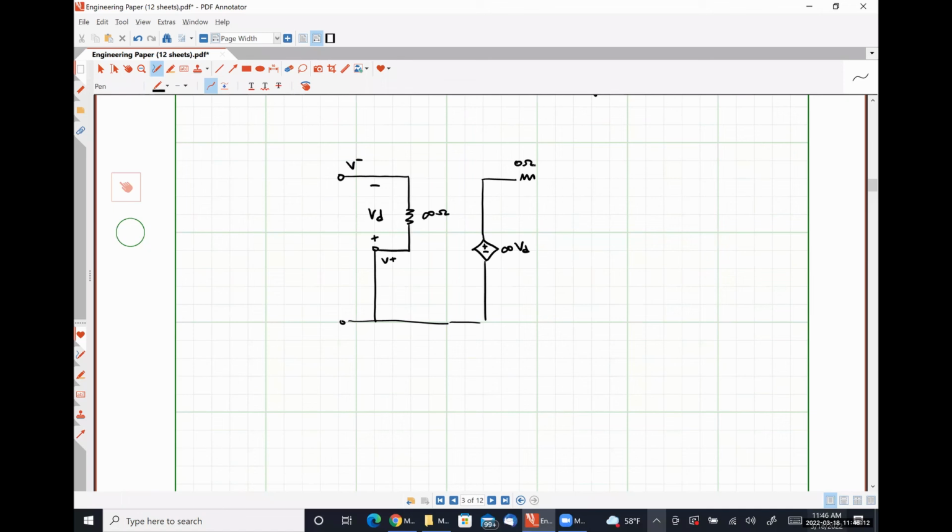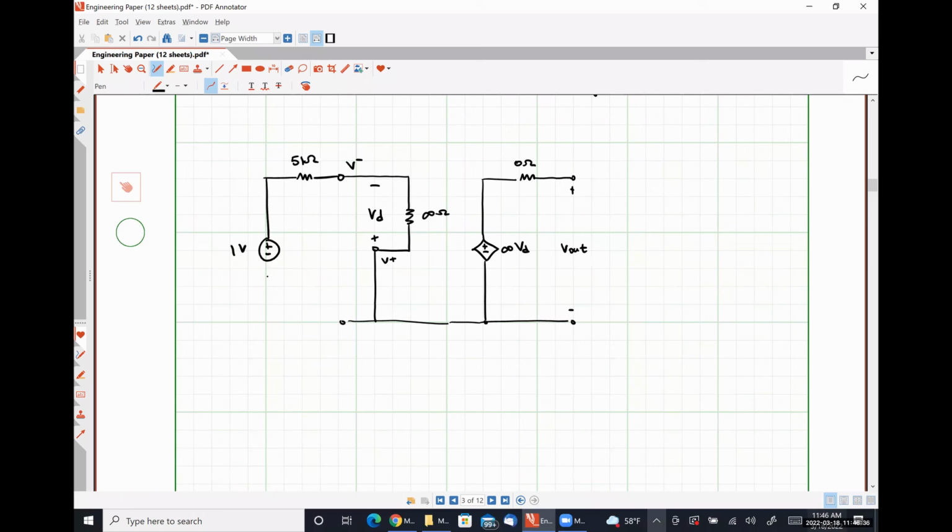We have a 0 ohm resistor here. Here is our output voltage, the V out. Here is our 5 kilo ohm resistor.